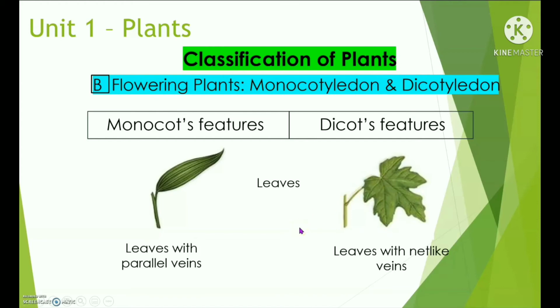So what's the difference of monocot and dicot's leaves? Very good. So monocot's leaves are usually parallel lines, and dicot's leaves are net-like veins. Very good.